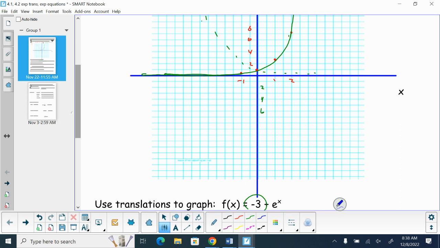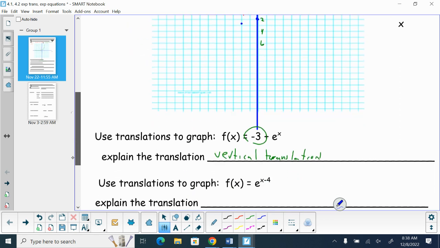So this point here will go down 1, 2, 3 positions. This point would go down 1, 2, 3 positions. This point would go down 1, 2, 3. Our asymptote then would slide down 3 positions.